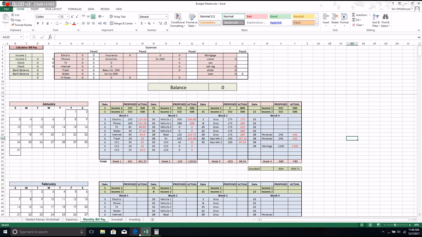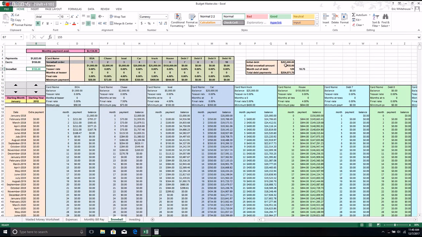Now in this one here, we're going to apply that to our snowball. In part one of this, I show you how to set this up. So the first thing is you have to put in all of your bills from smallest to largest. So you take all of your bills, get out your invoices, take a look at them, pile them up from smallest to largest.